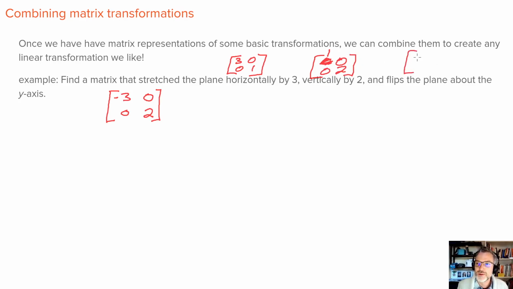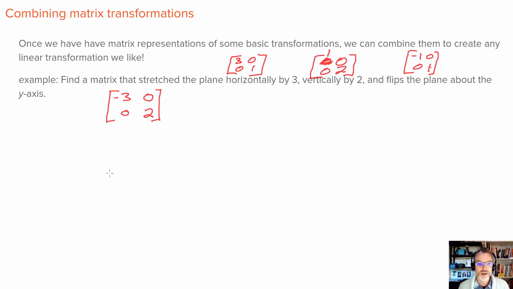And a flip, we just have -1, 0, 0, 1. So we could imagine to transform that square, we could first stretch it by 3, then up by 2, and then flipping it. So you imagine you're applying these matrices sequentially.